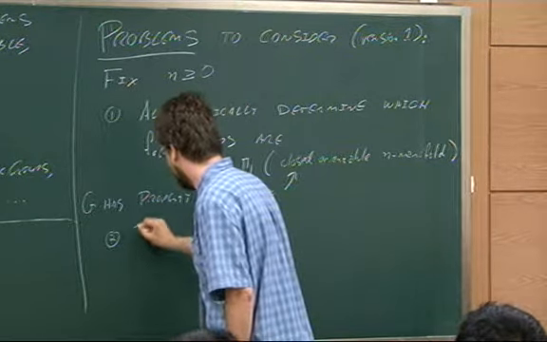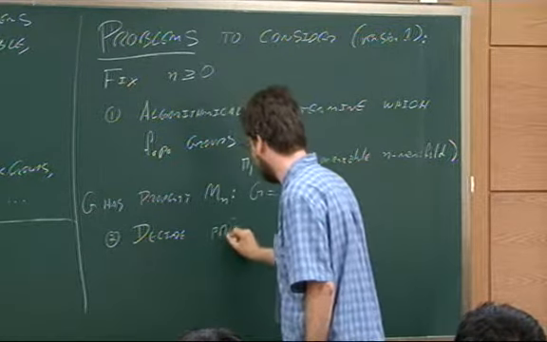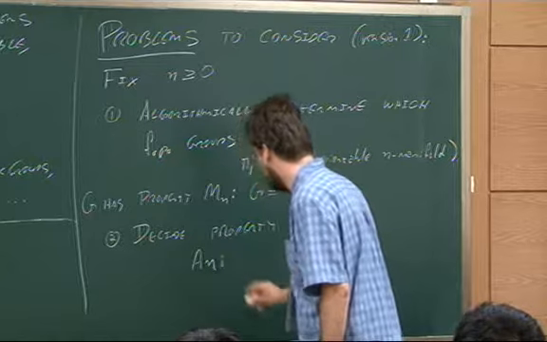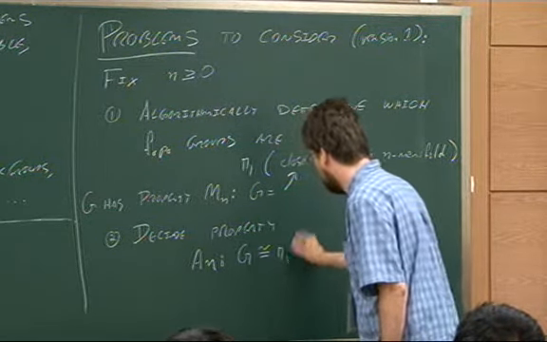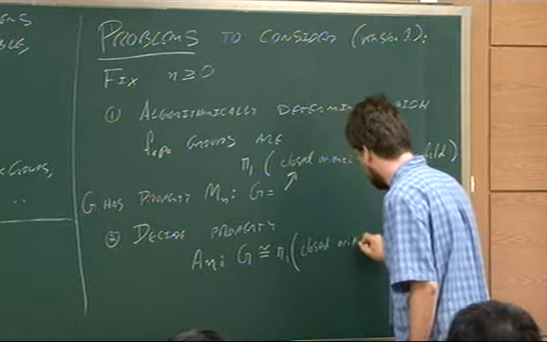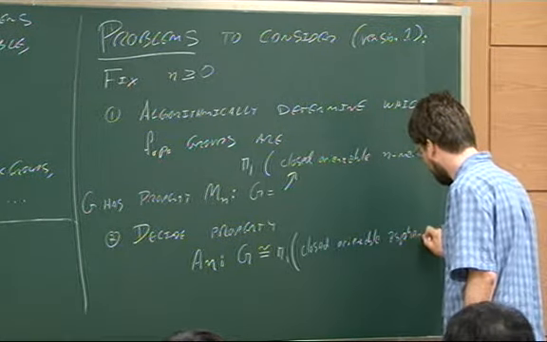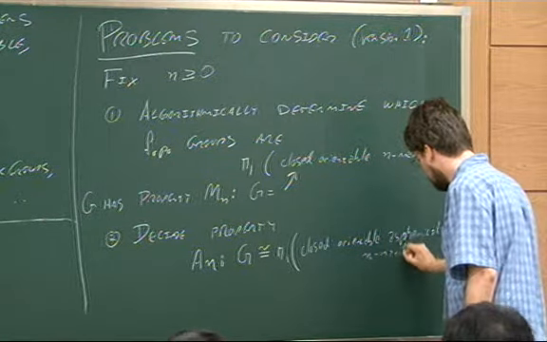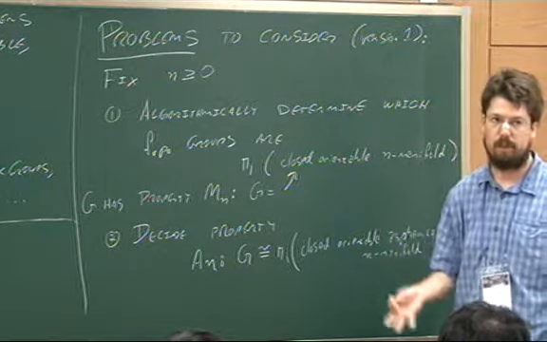So the second problem, we want to decide a second property, maybe A sub n, which is that G is isomorphic to pi1 of some closed, orientable, aspherical n-manifold. Just to remind you, all I mean by aspherical is the universal cover is contractible.